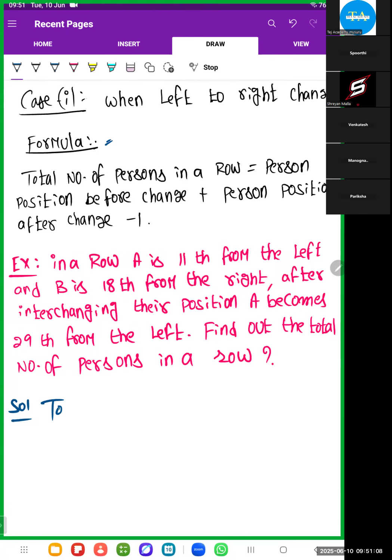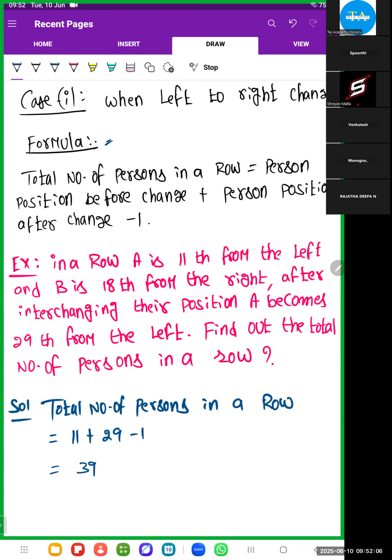To find the total number of persons in a row: it is equal to the person position before change, which is 11, plus the position after change, A becomes 29 from the left, minus 1. So total is 39. Yes.